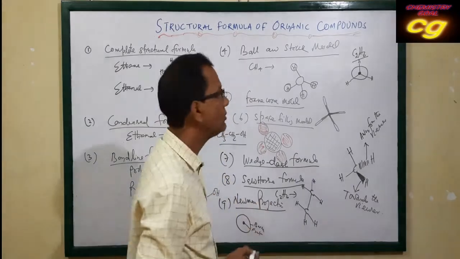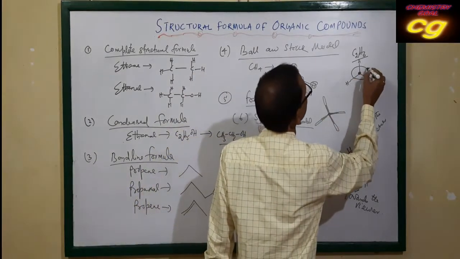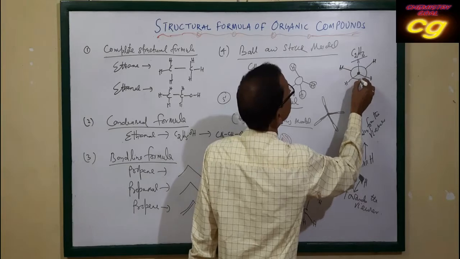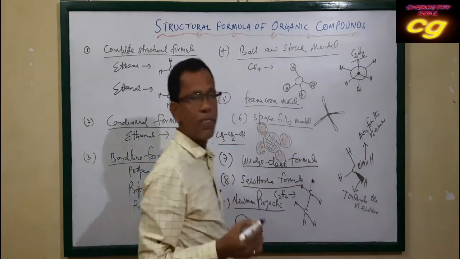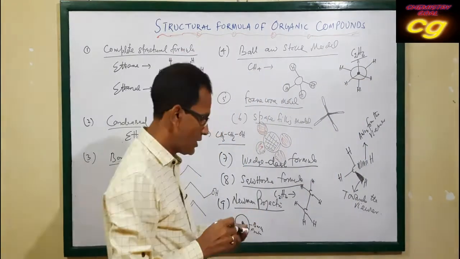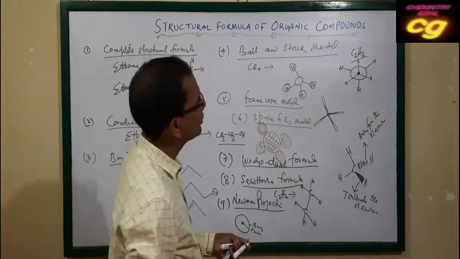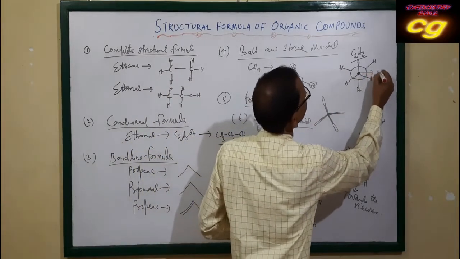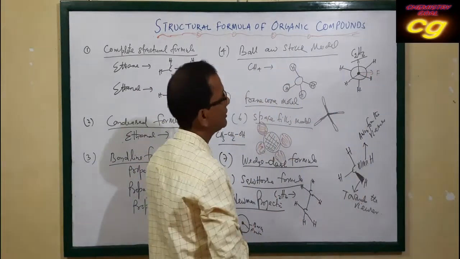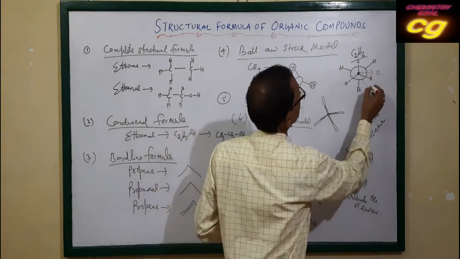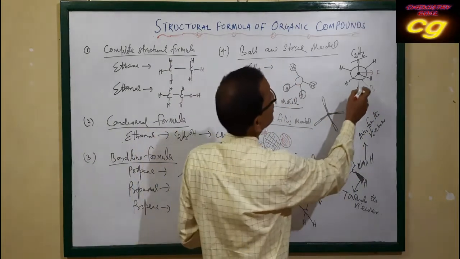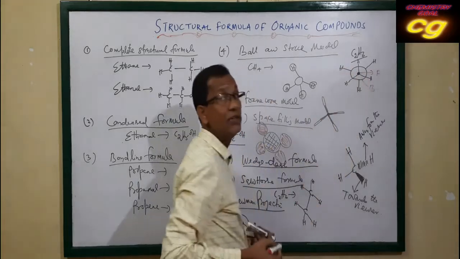For the back carbon, the bonded atoms will be the same, just touching from the circumference like this. Here, what do you see as the difference? This is your front carbon and this is your back carbon, and the bonded atoms will be attached to the front carbon from the center.